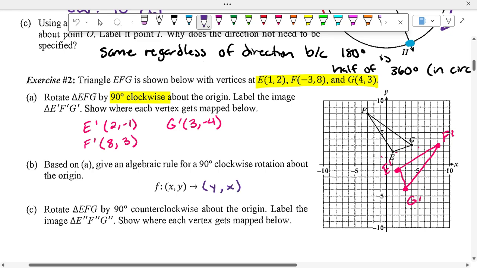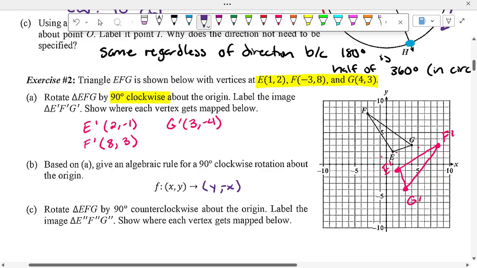What else happened? The signs changed. For which one? For the y, or our new y value. So our original x value, the sign changed, but it's our new y value. So we would put a negative in front of this x.